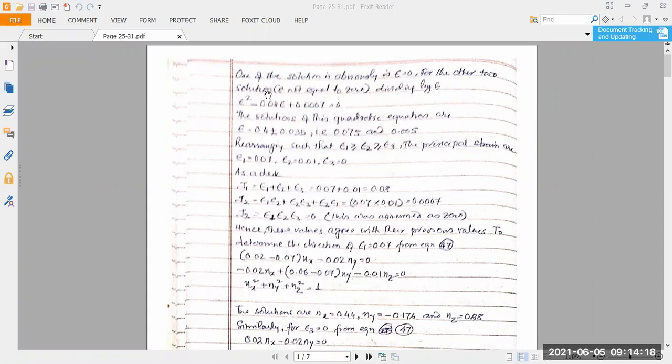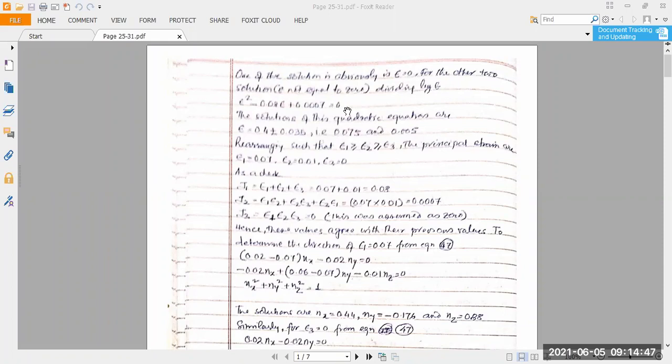One of the solutions is obviously epsilon equal to 0, but for the other two solutions, which are not equal to 0, we get them by dividing by epsilon. So the equation will take this particular form: epsilon square minus 0.8 epsilon plus 0.007 equal to 0 itself.